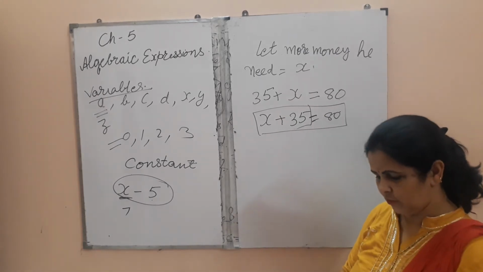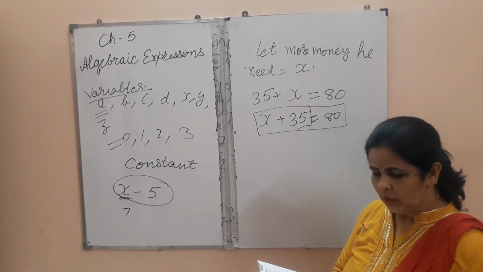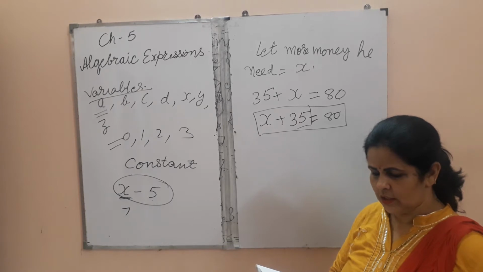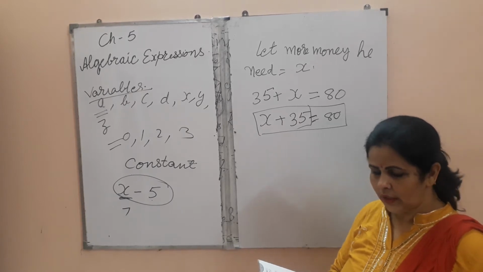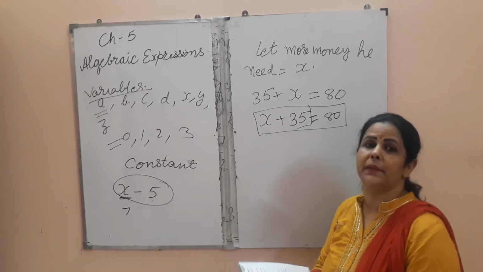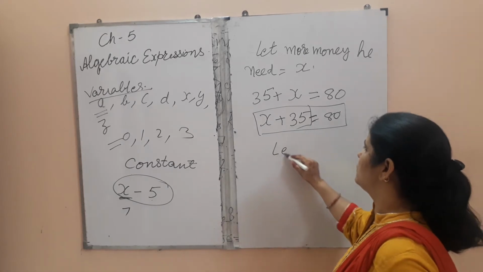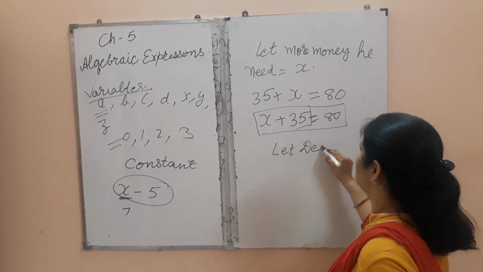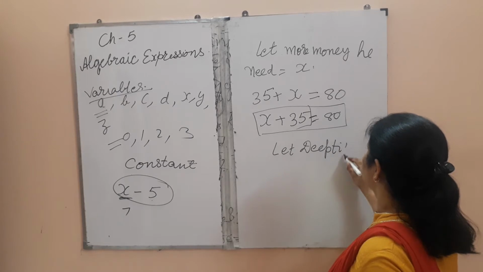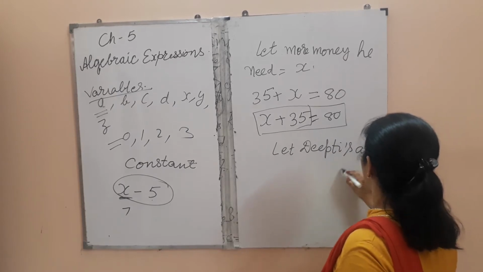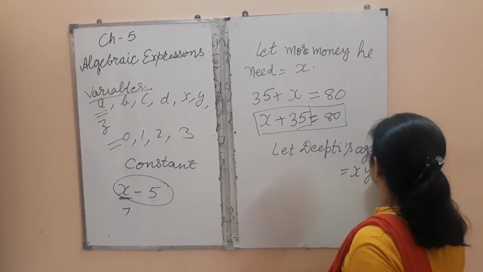Now let's take one more example. Shruti is 5 years younger than Deepti. Let Deepti's age be x years.